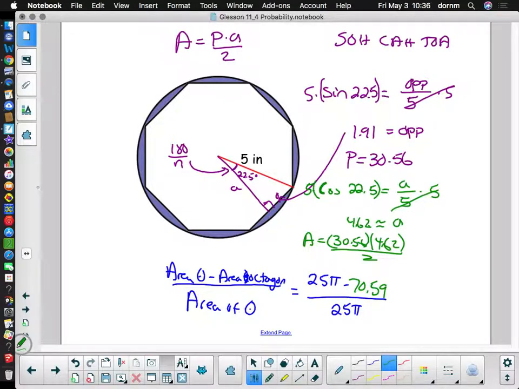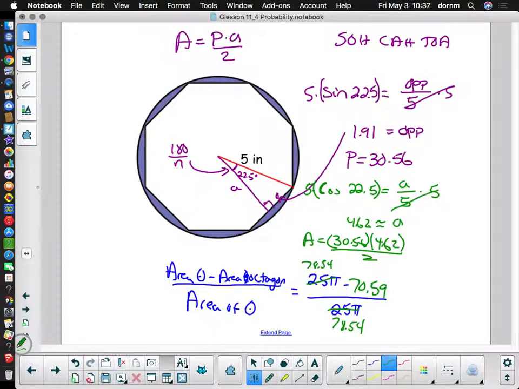Now I have to actually do my math. First thing I'm going to do is I'm probably going to decimally approximate that 25 pi to make my life easier. So 78.54. So I'm going to take 78.54 minus 70.59, which is 7.95, and divide that by 78.54.